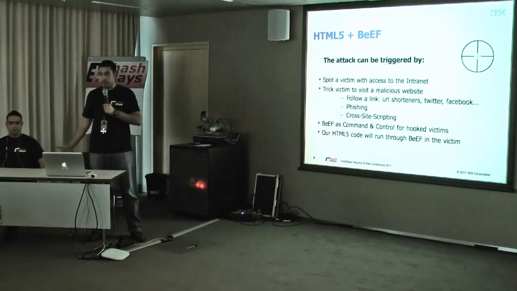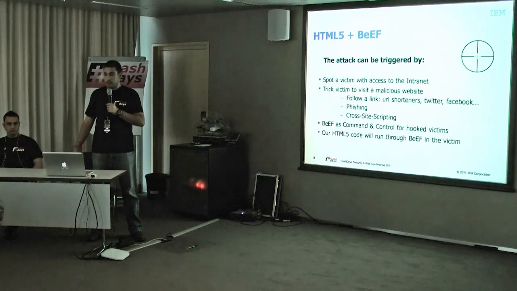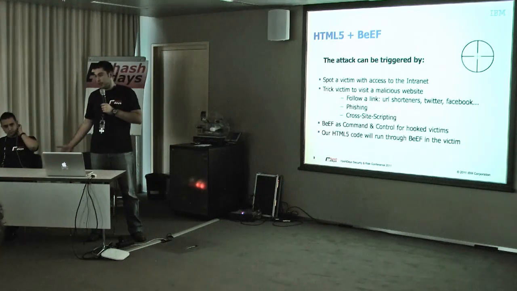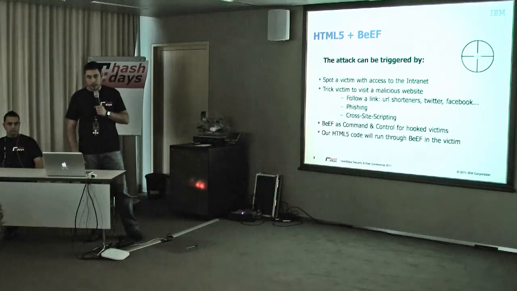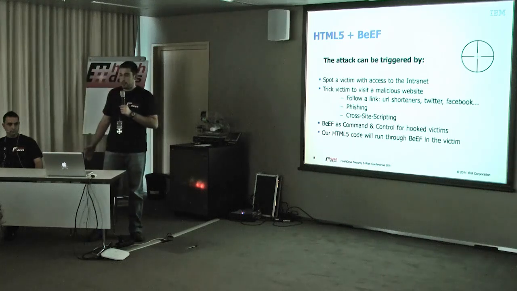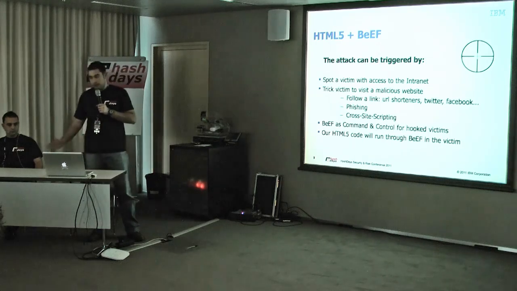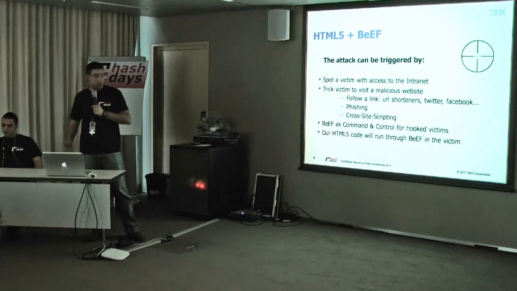We can do some social engineering and find out which forums the guy visits while he's in the office, and kick off the attack from there. Or we can use URL shorteners on Twitter, Facebook, or any social media, or other social engineering techniques. The point here is to make the person within the intranet run the code that we control.